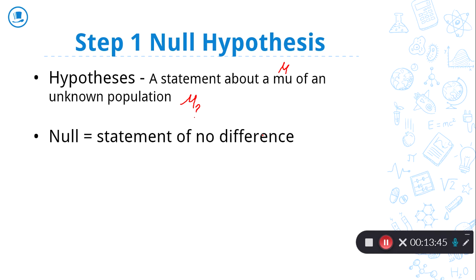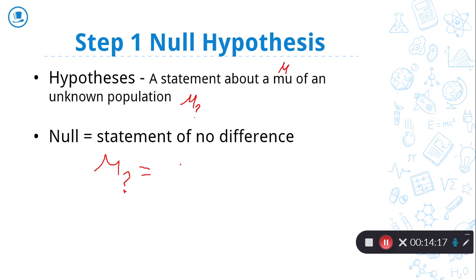The null hypothesis is a statement of no difference. It is a hypothesis that says the unknown population is not different from the population that we do know about. So think of what we got, right? That known population becomes a comparison, becomes a standard, right? If the people who smoke marijuana are not different from everybody else on this memory test, we're going to know what their mean is.